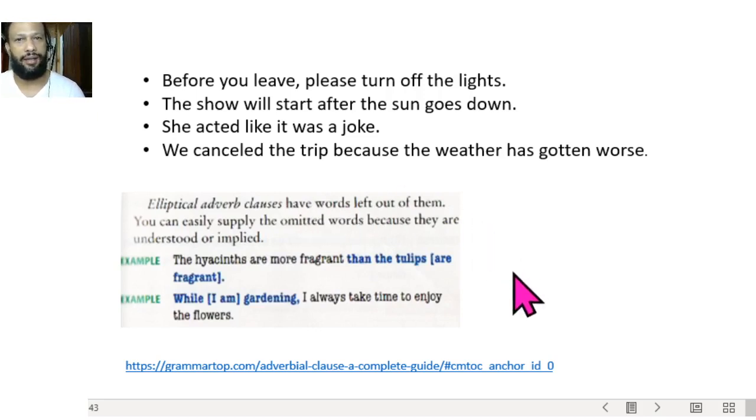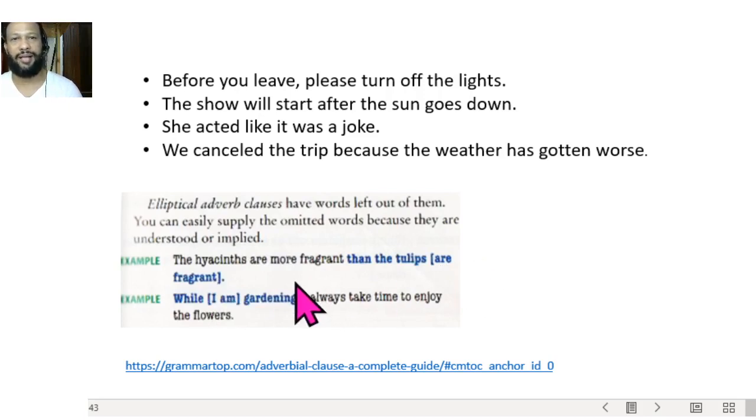One other detail the book provides is that of elliptical adverb clauses, where you leave out one part of a sentence that might not feel complete, but it is included in the previous part. When you say, the hyacinths are more fragrant than the tulips are, you don't say "are fragrant."